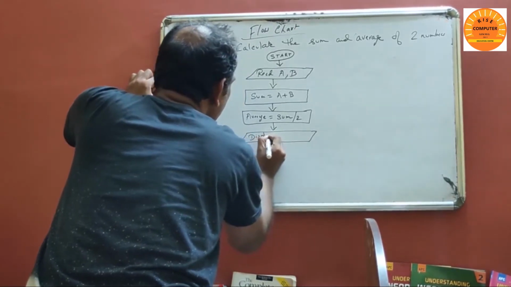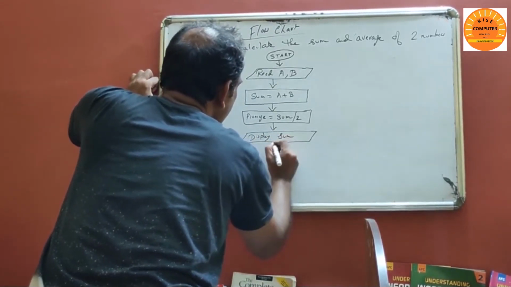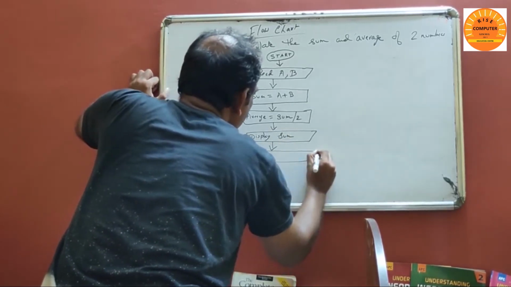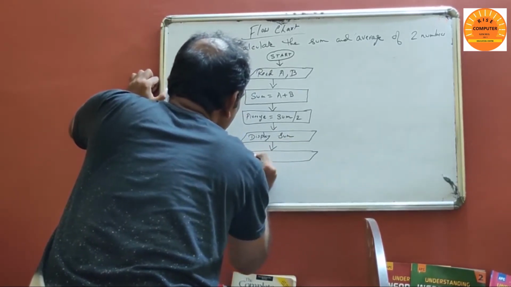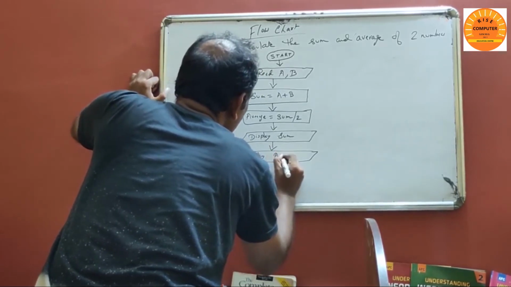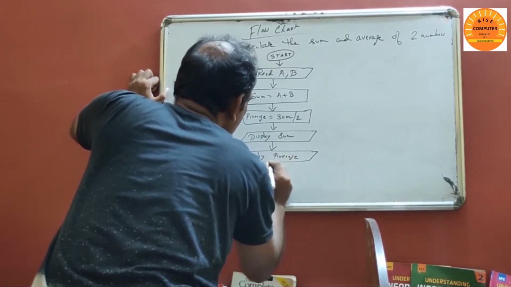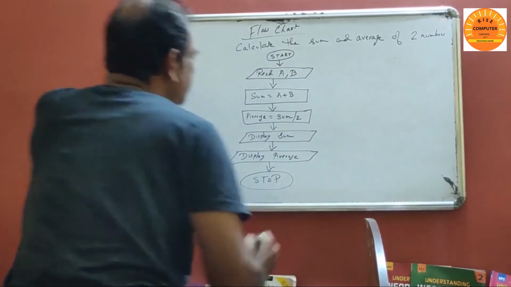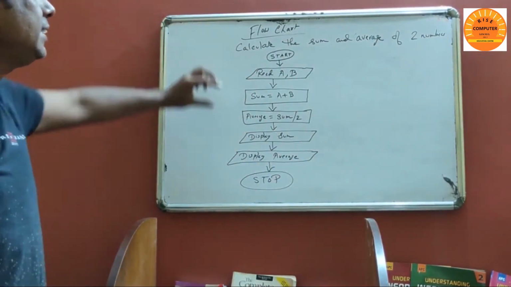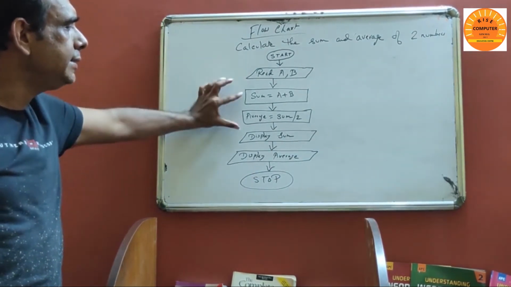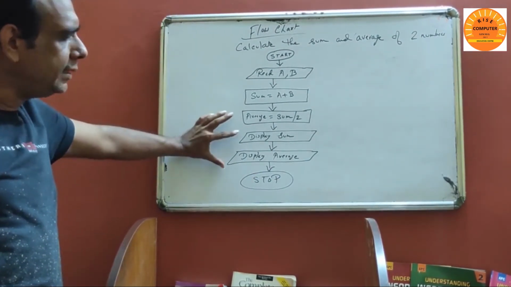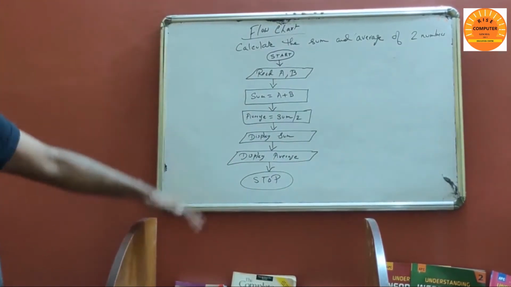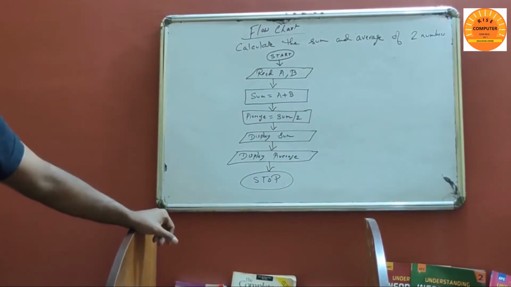Display sum and display average, and then stop. So this is the input part, this is the calculation part, and this is the output or display. It is a simple calculation process.